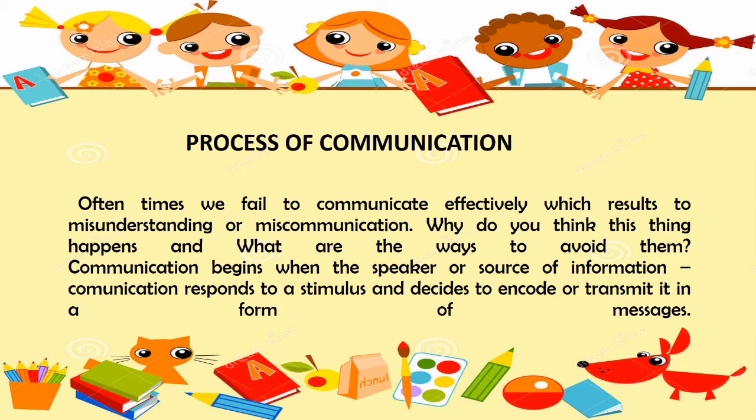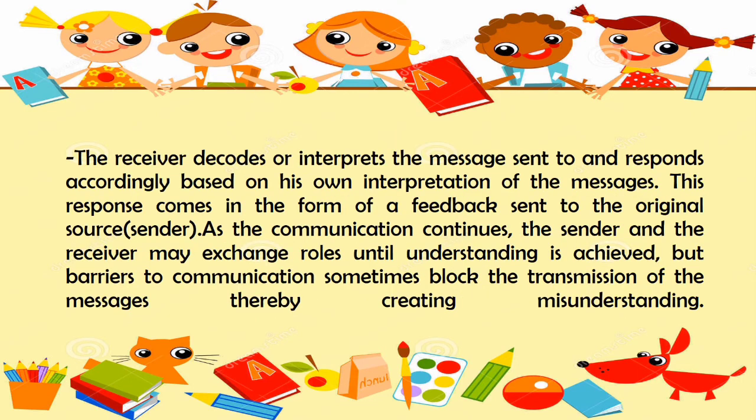Communication begins with a speaker or a source of information. The communicator responds to a stimulus and decides to encode or transmit it in the form of messages. The receiver decodes or interprets the message sent and responds accordingly based on his own interpretation of the message.